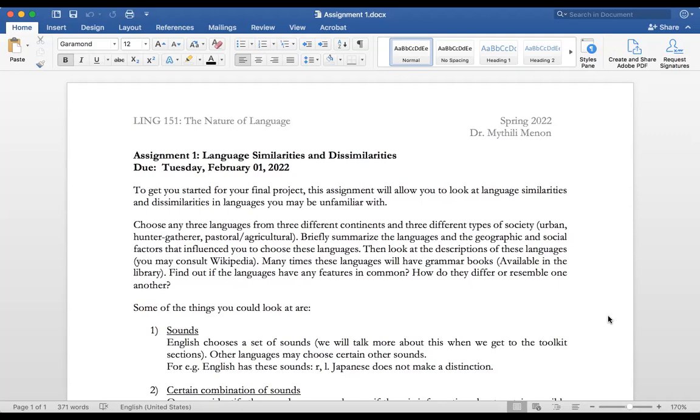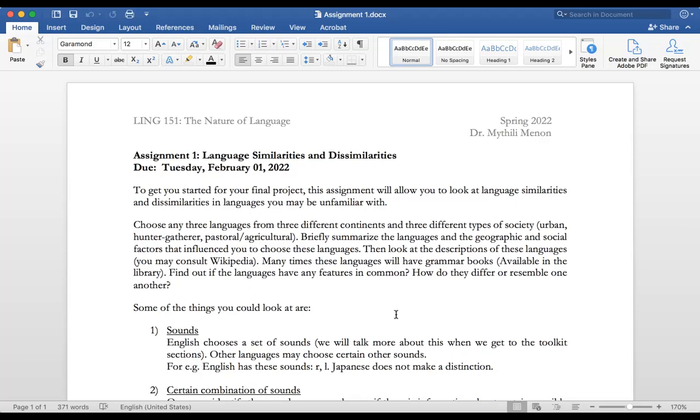If you take something from Wikipedia or from a grammar book, give me that in the reference section and say that this is where that information is coming from, right? And again, I don't want you to take a paragraph from Wikipedia because that counts as plagiarism. So do not verbatim take something from a book or Wikipedia and paste it into your assignment. Try to write it in your own words.